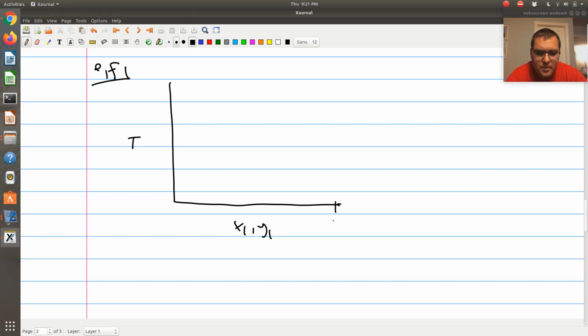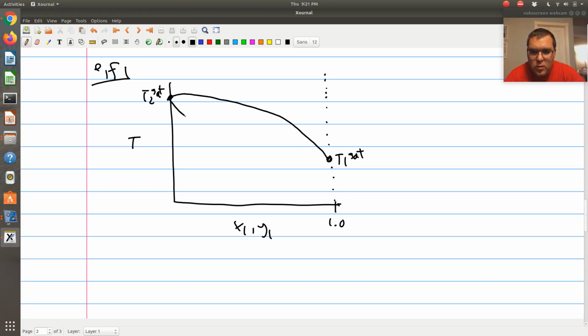So for component 1, I'll have the lower pure component T1 sat. Here's T2 sat. Connect those two via a curve.